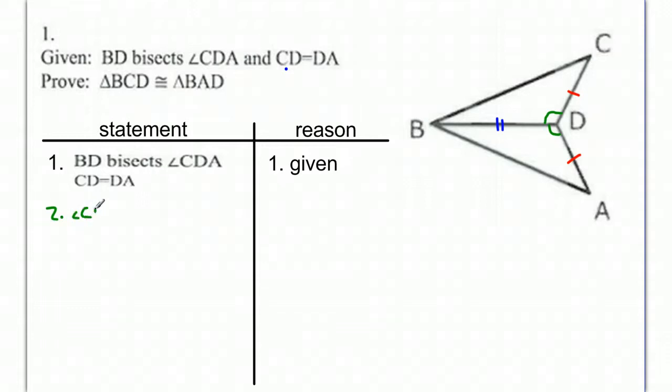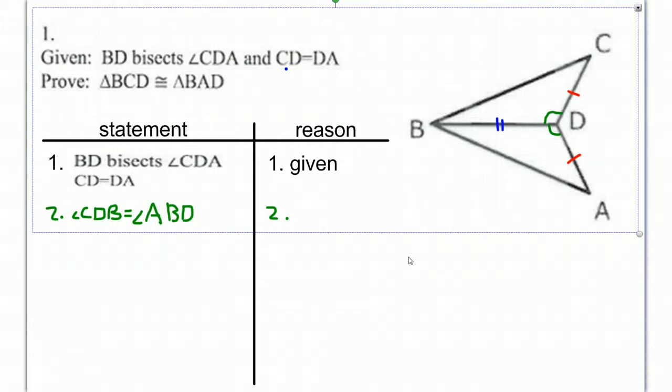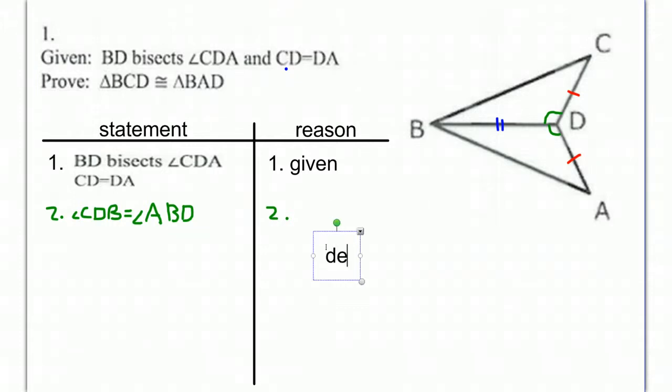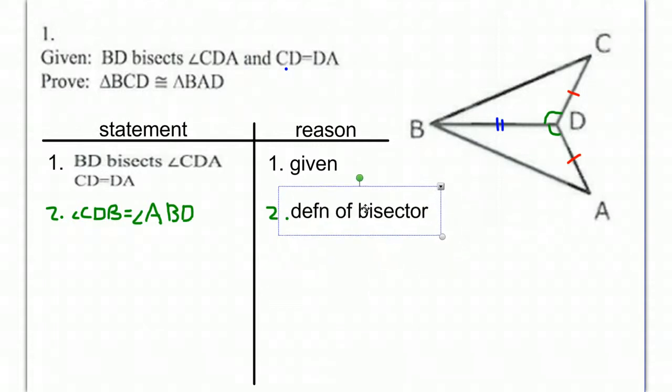Angle CDB is equal to the angle on the other side, ADB. And the reason I can do that is by the definition of an angle bisector. So I'll throw that in here. So I have my definition of my bisector as my reason.